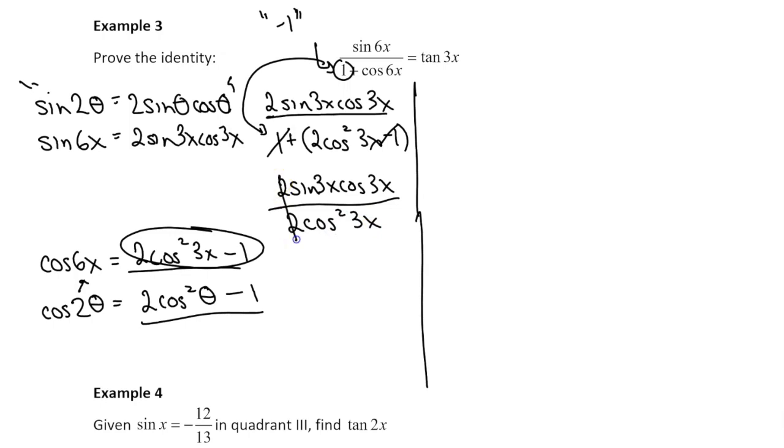Well, we know that the 2's here could reduce with each other. We have a monomial divided by a monomial. And the cosine squared 3x, one of those could reduce with that cosine 3x, meaning we'd be left with just sine 3x over cosine 3x. And we know that sine over cosine is equal to tan.